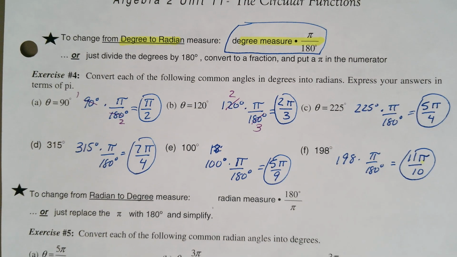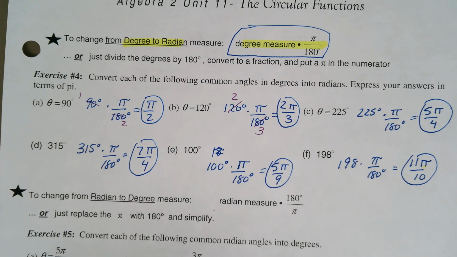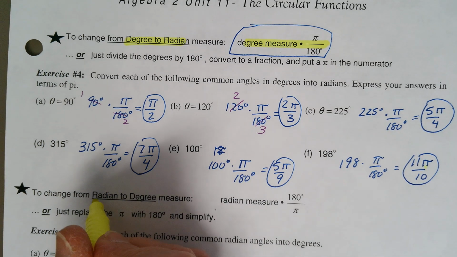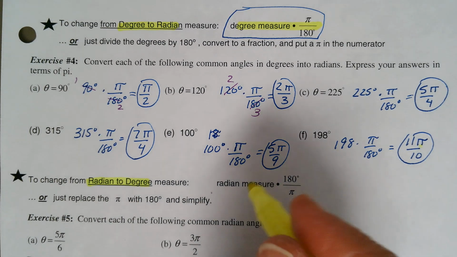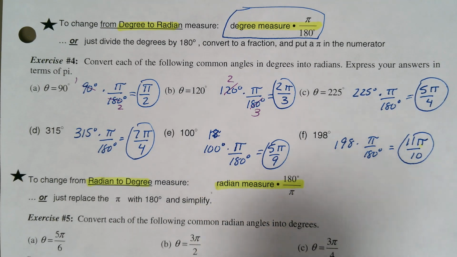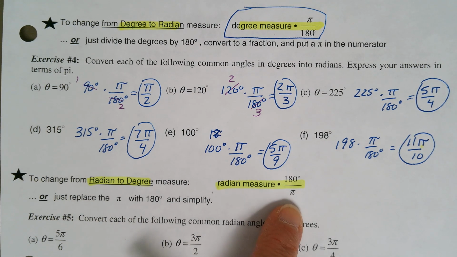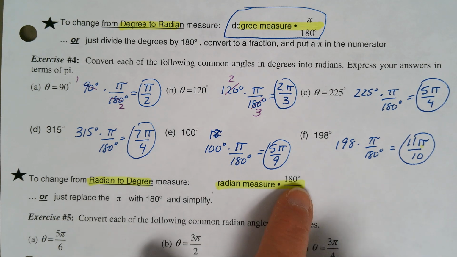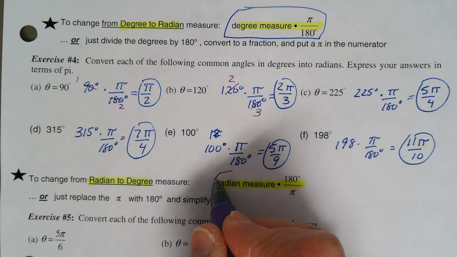Now the other way, to change from radian to degree measure, which is multiplying by the reciprocal of what we used above. We want to get rid of our radian measure, so our pi radians is in the denominator, so we'll be left with degrees in our numerator.